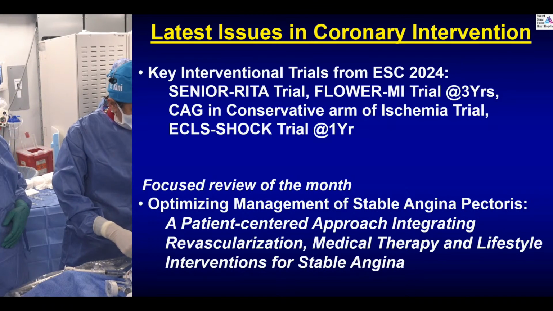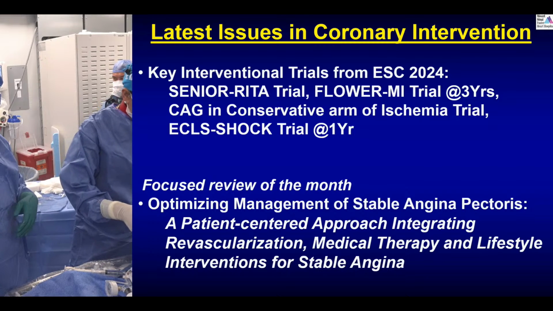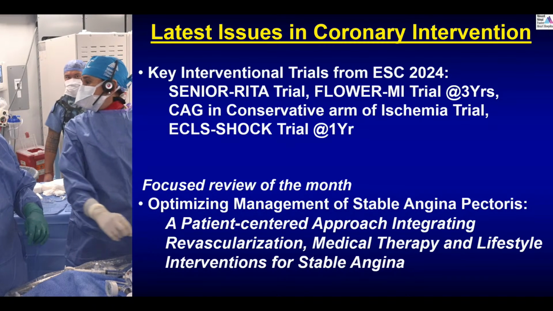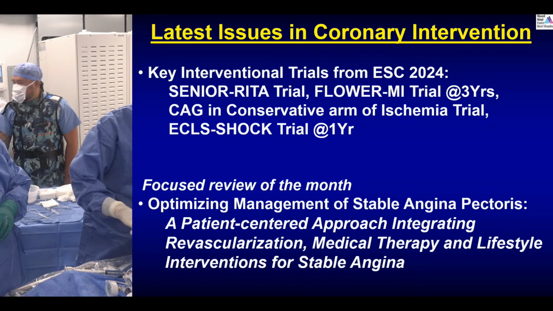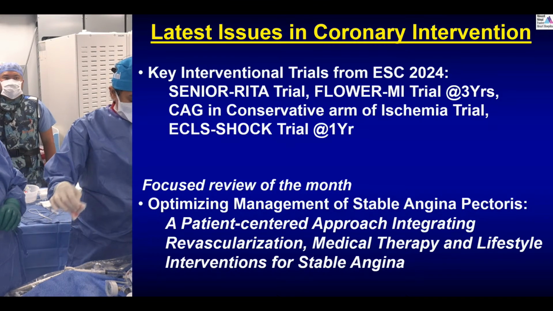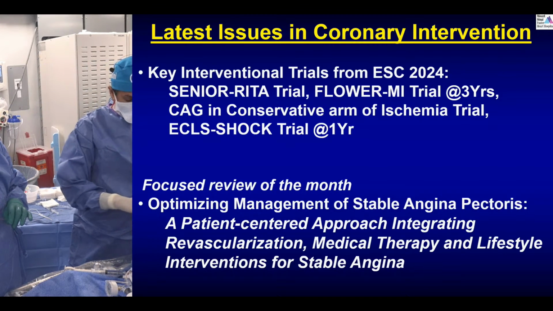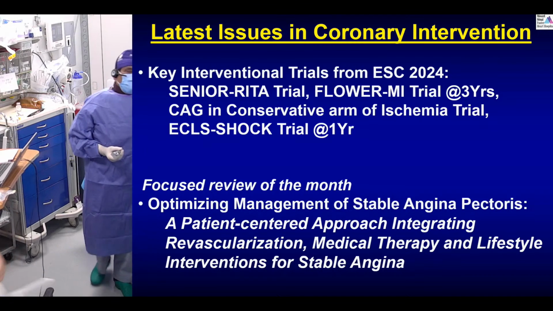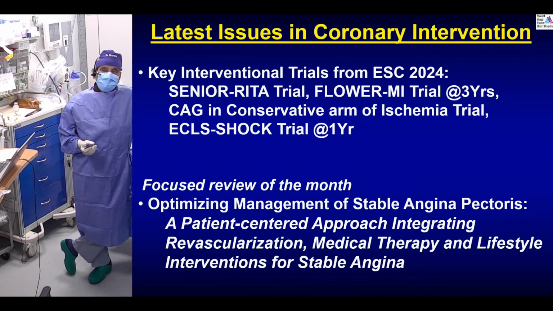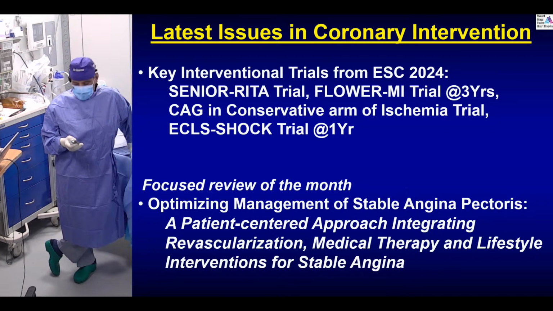So I'm going to show a few more data from the European Society of Cardiology, ESC 2024. We already spoke last time, and then a few more. And of course, next month will be from the TCT, which is at the end of the month, and we have a live relay on the TCT showing both orbital and rotational atherectomy. So AK will show rotational, I'll show the orbital.